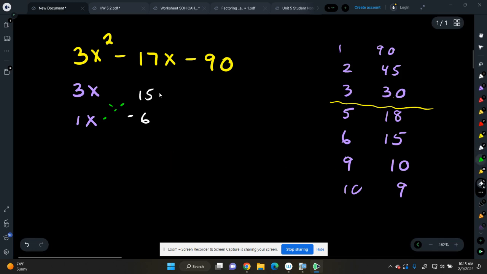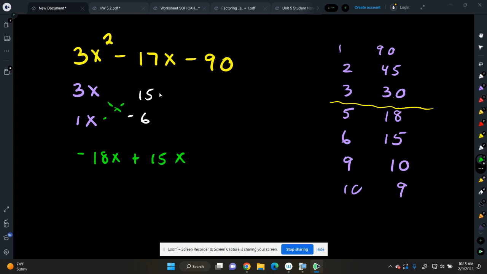Okay, so checking it by cross multiplying, what do we get? Negative 18x plus 15x. That didn't work. If I switch and put the 15 down here, I'm going to get negative 45x plus 6x.